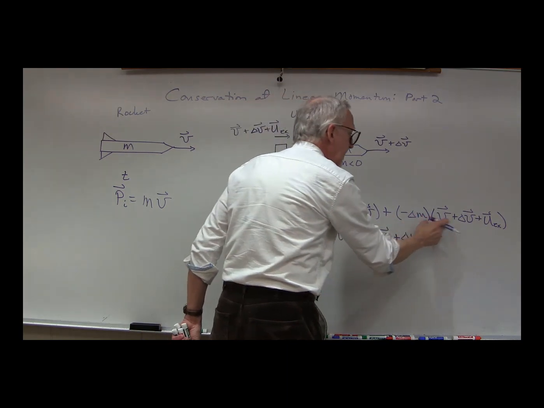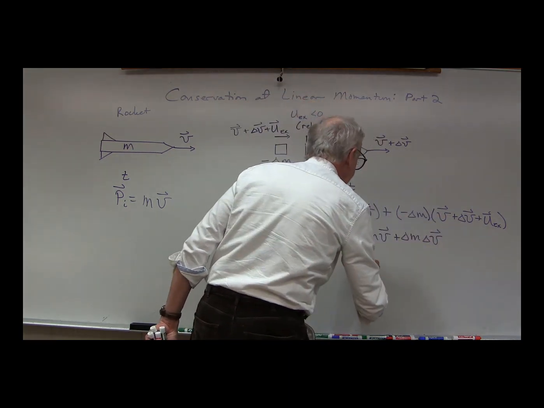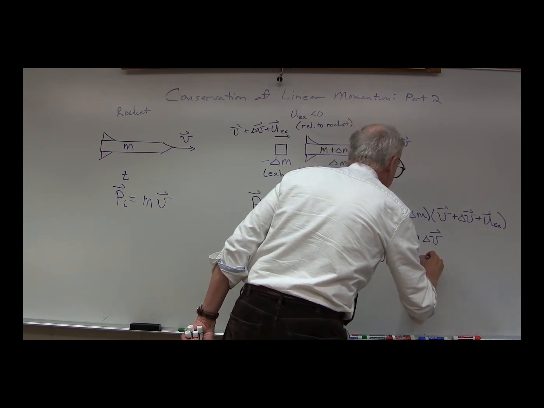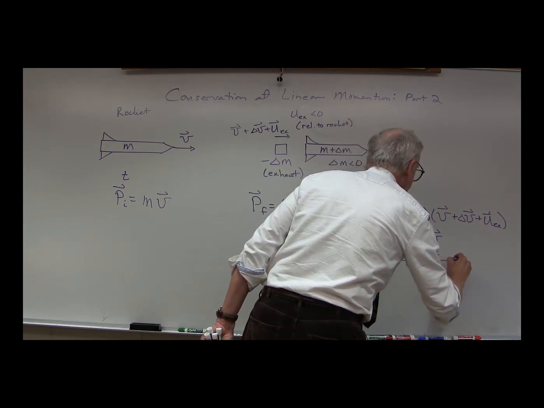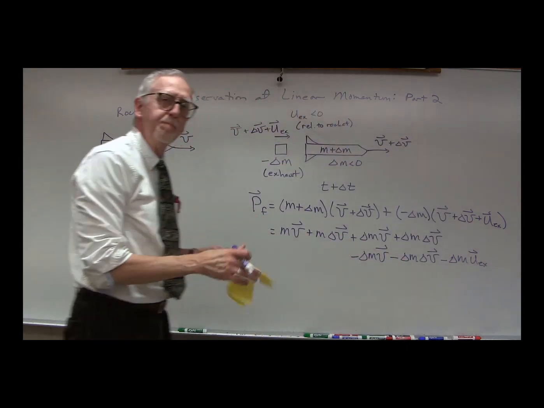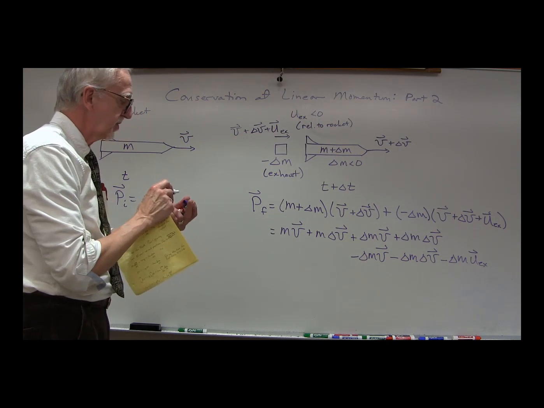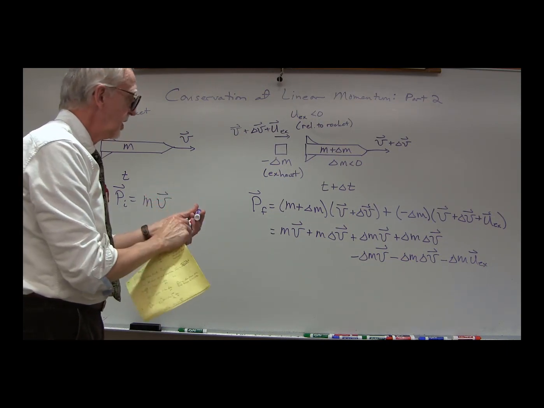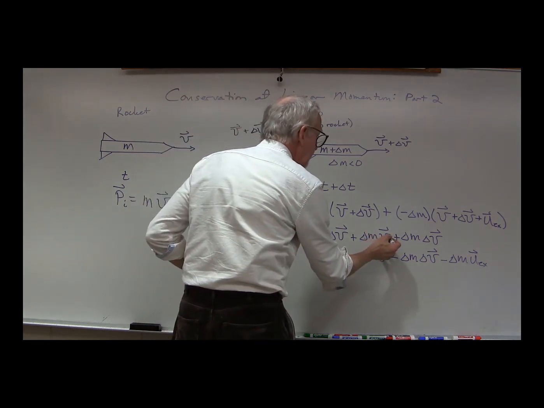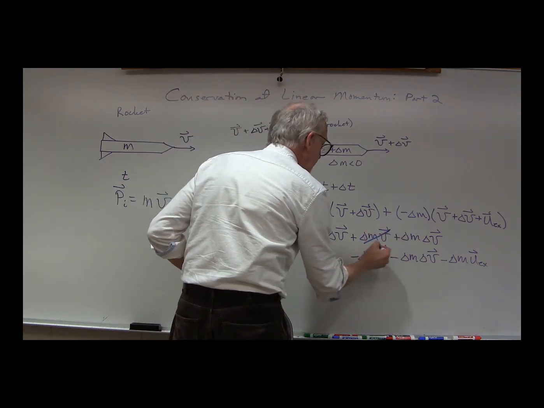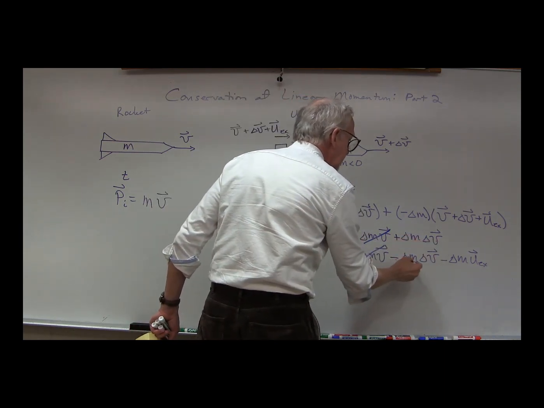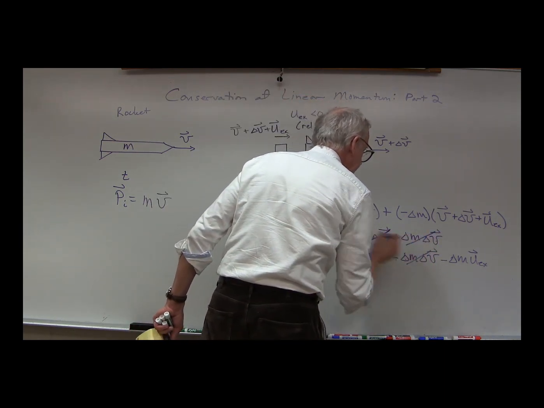Now let's multiply these here, and we get minus delta m v minus delta m delta v minus delta m u exhaust. Now let's notice some things will cancel out here. We've got a delta m v minus delta m v, so these cancel. We have a delta m delta v minus delta m delta v, those cancel.